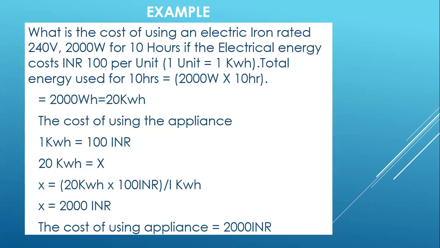Now for the cost of using the appliance, 1 kilowatt hour is equal to 100 Indian rupees. Now 20 kilowatt hour will be equal to how much? So just make X the subject. You multiply 20 kilowatt hour by 100 rupees, then divide by 1 kilowatt hour. Then the value of X is 2000 Indian rupees. So the cost of using the appliance is simply 2000 Indian rupees.